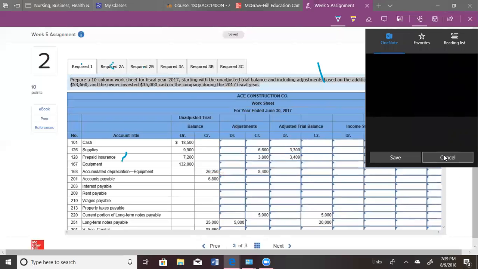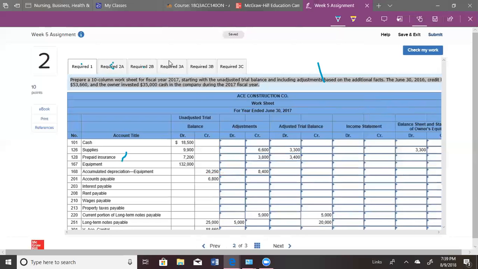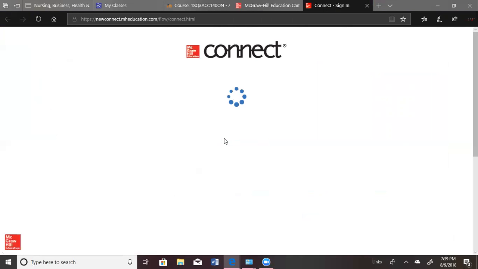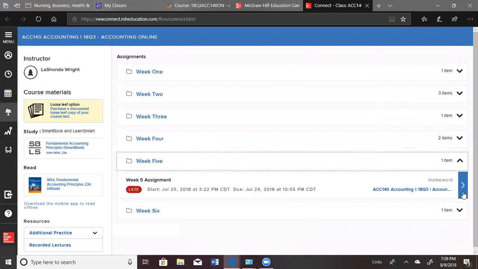You can just cancel that. You've got to close this. It's already saved, so you just close this because I turned on the annotation thing. You just say no. Over there.